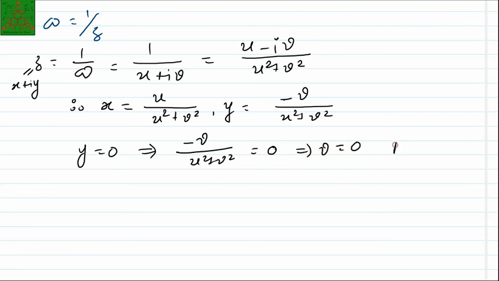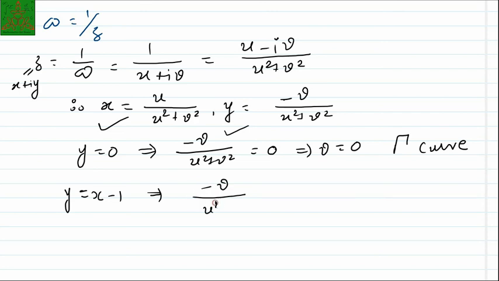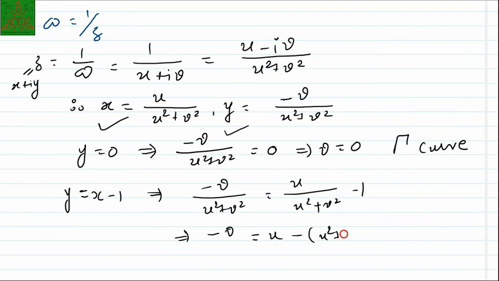So this is the first image curve, gamma. The second one we have is y = x - 1. If I substitute the values of x and y here, we have -v/(u² + v²) = u/(u² + v²) - 1. Simplifying, this is -v = u - (u² + v²).